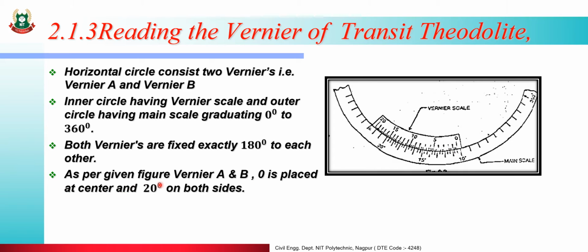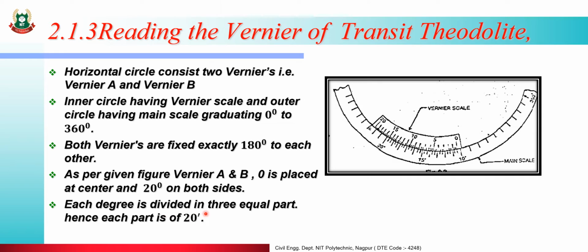As per the given figure, on vernier A and B, 0 is placed at the center and 20 on both sides. In this way, 0 at the center and 5, 10, 15 and 20 on one side, and again here also; this is the vernier scale.